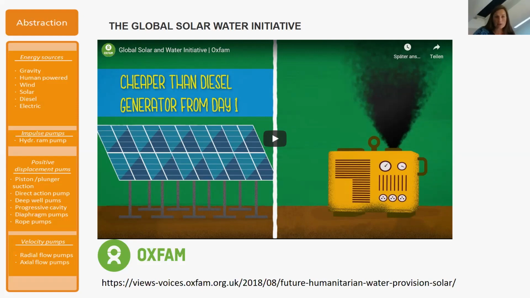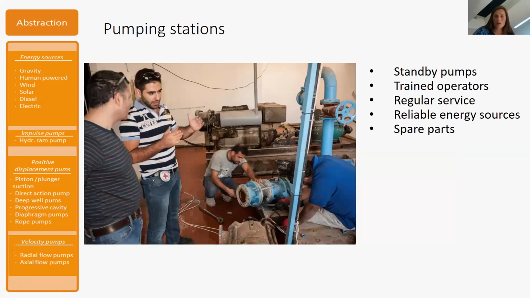So in these cases, solar water pumping can be considered, and at the homepage which has been shared with the video, you can find more information as well as training materials on this technology.